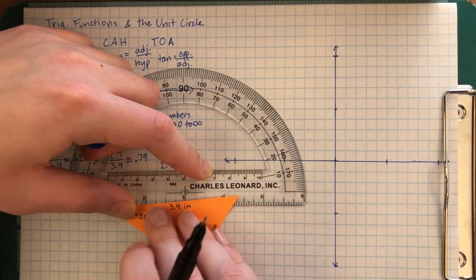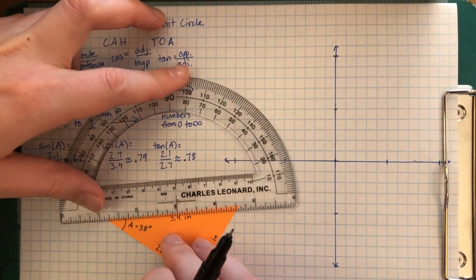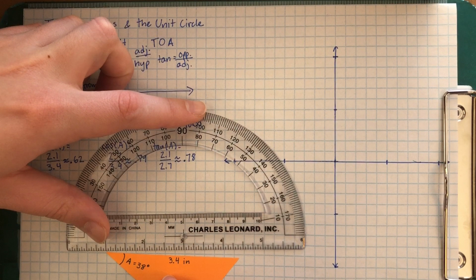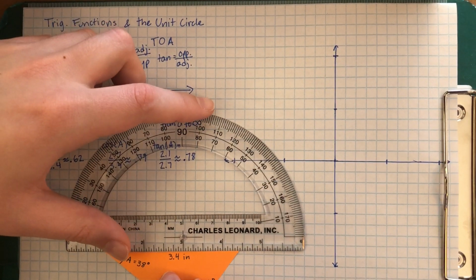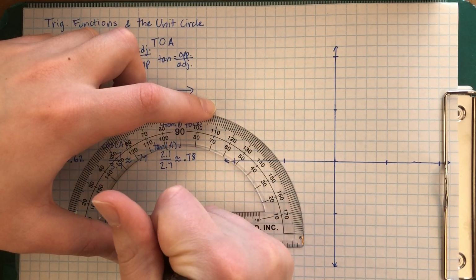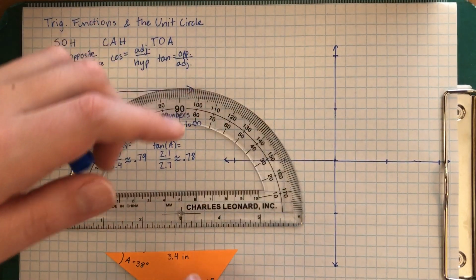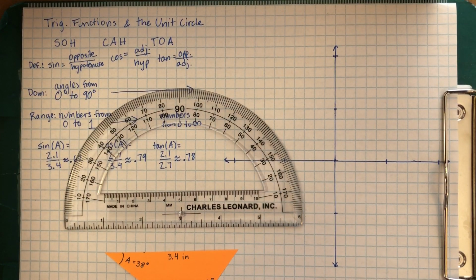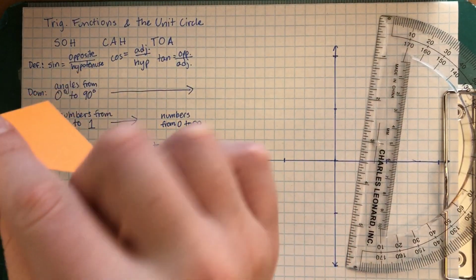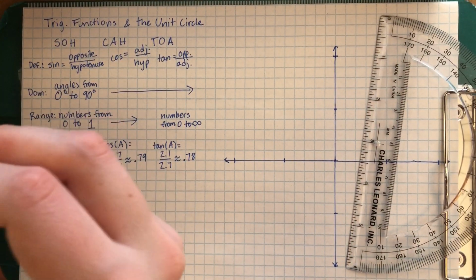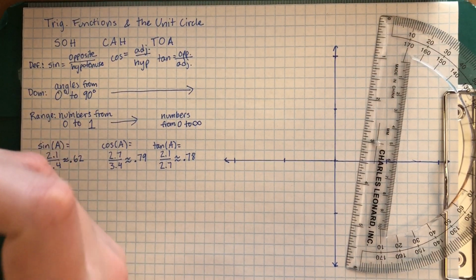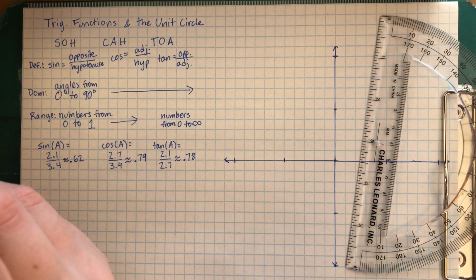So I'm going to measure 1 inch along the hypotenuse here, and I'm going to cut this down to size so that I have a smaller triangle with the same angles, the same ratios of the sides, even though each of the side lengths individually will be different from what we started with.